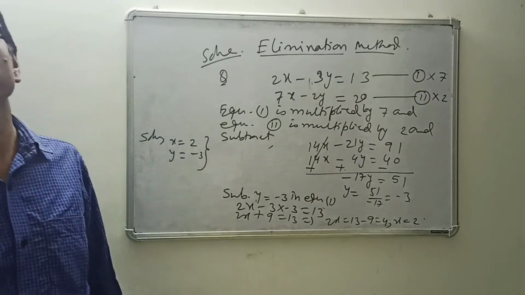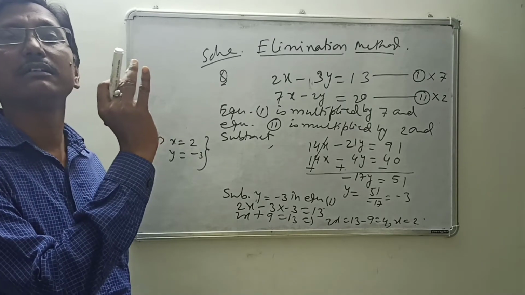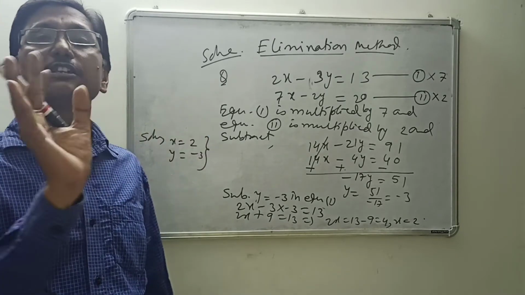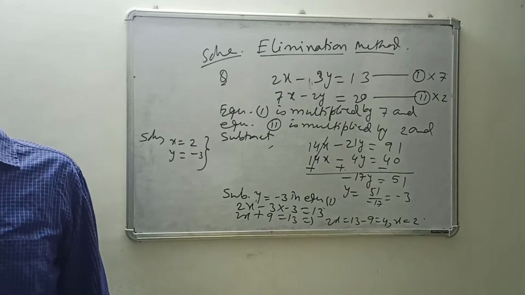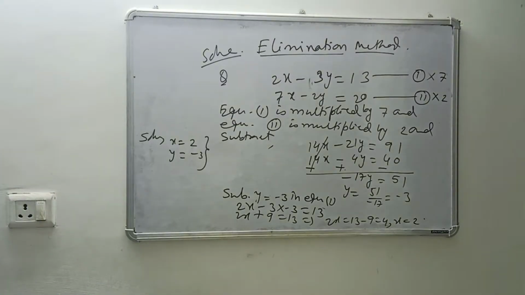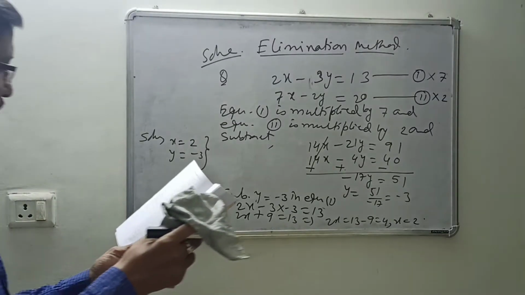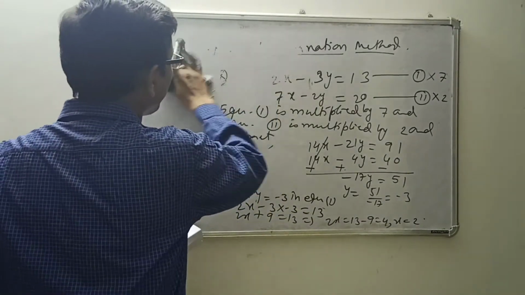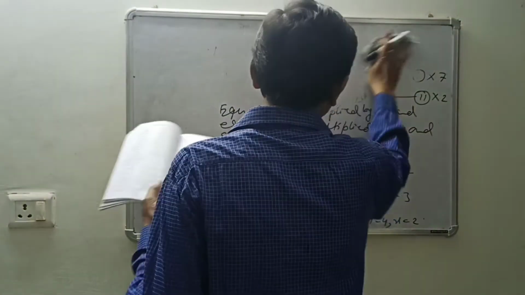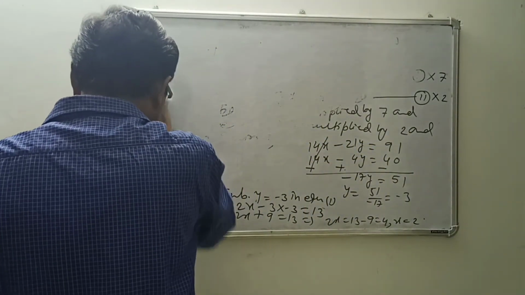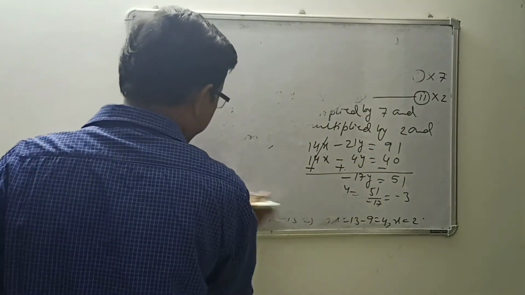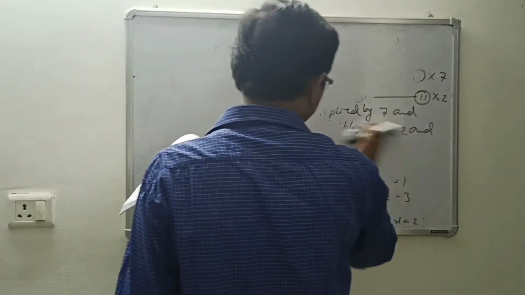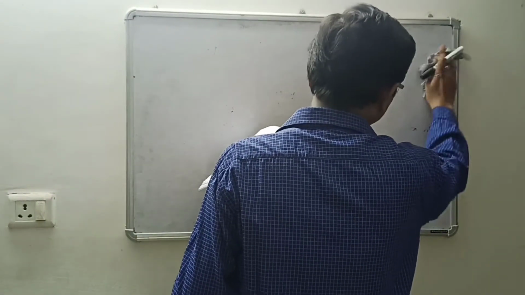But if the denominators have variables, something by x plus something by y, then you do not take the LCM. What can we do in that case?